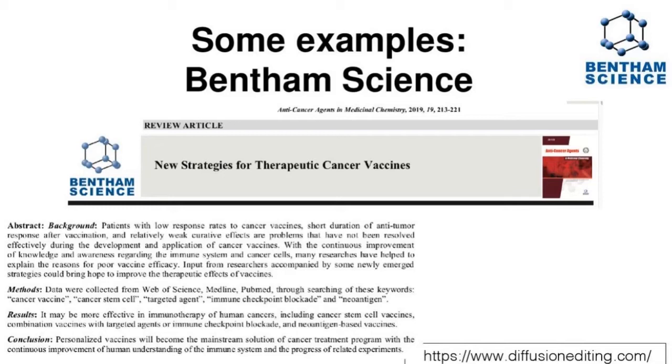And you can see here the structure to the abstract that I've been talking about: the background, the methods, the results, and conclusions. These kinds of papers are easier for you to write as an author if the structure is in place for you. So, as we've discussed today, this journal, Anti-Cancer Agents in Medicinal Chemistry, asks authors to provide a structured abstract.